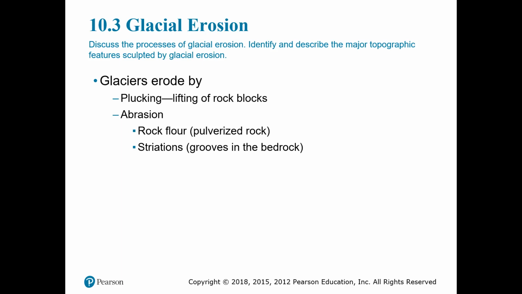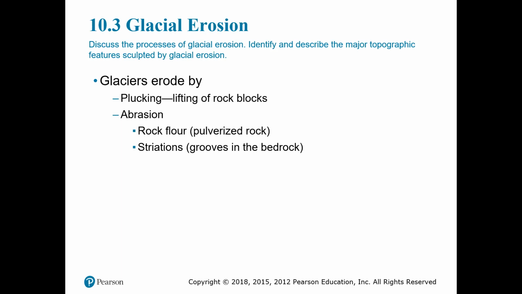As the glacier flows over the bedrock surface, it's going to loosen and lift blocks of rock, and those become incorporated in the ice. This is called plucking. Meltwater penetrates the cracks and joints along the rock floor of the glacier. It freezes, and we know water expands as it freezes.